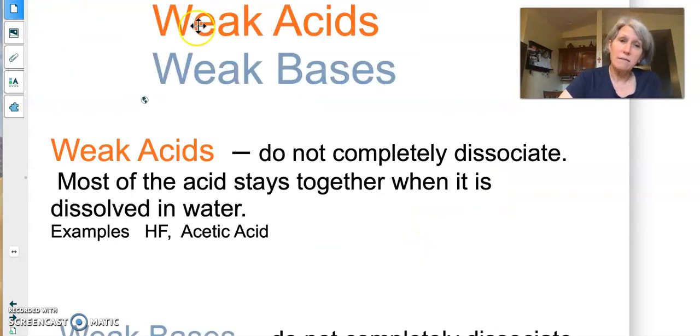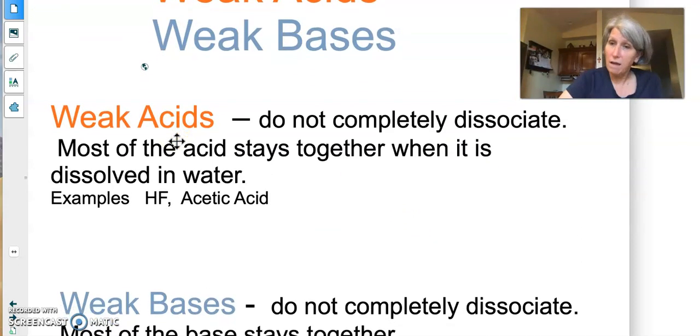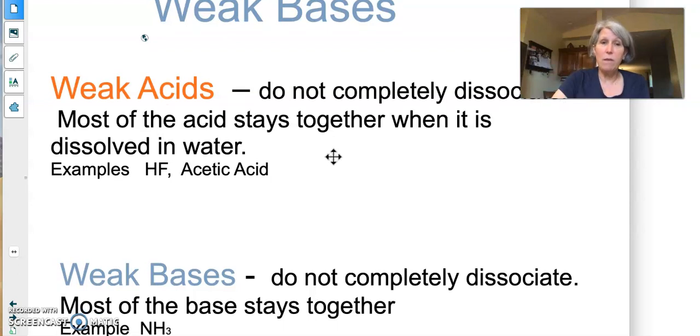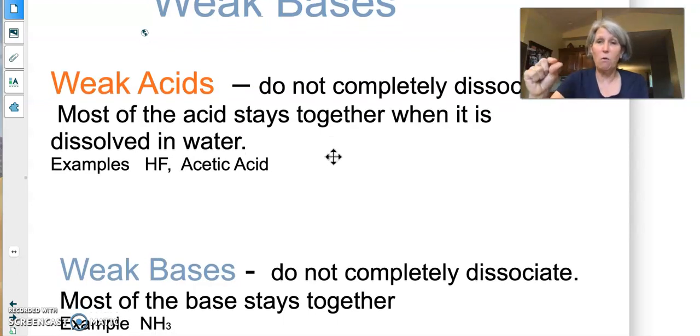There are weak acids and weak bases where they do not completely dissociate. Most of the acid stays together, and that's what I was hoping you guys saw in the video that you watched. A weak acid will stay together and only a small portion of the hydrogen ion dissociates.